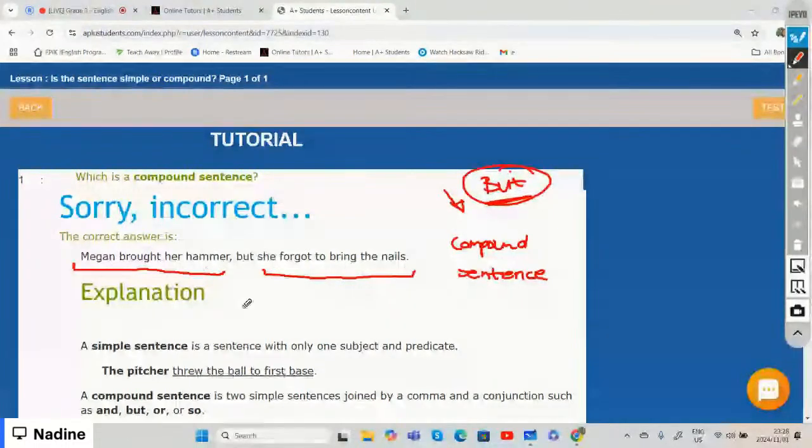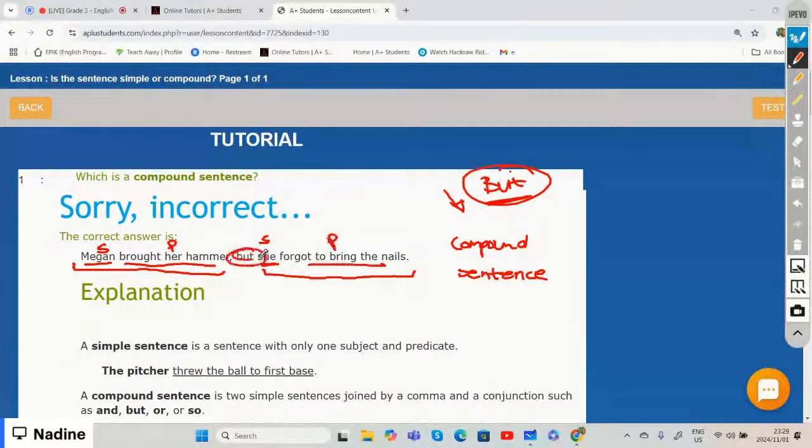And these are two simple sentences. Megan is a subject, she is the subject, brought her hammer is the predicate, forgot to bring the nails is the predicate.